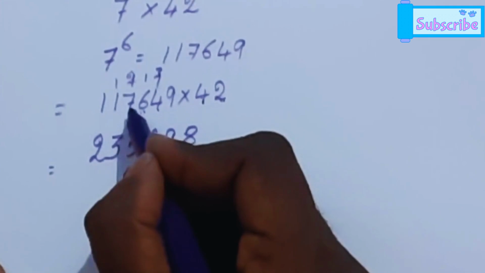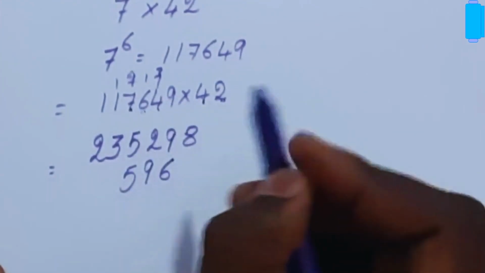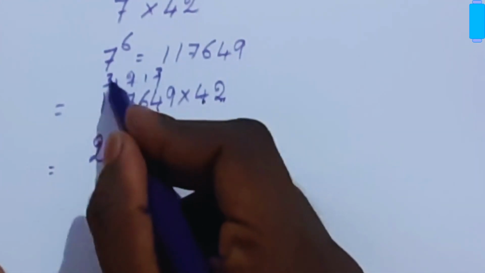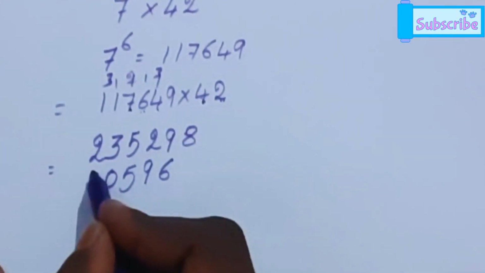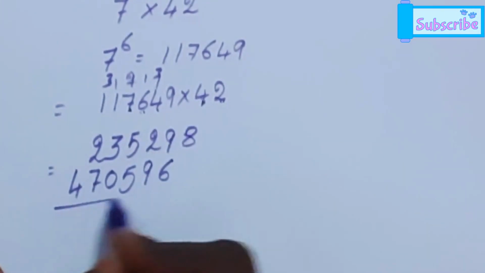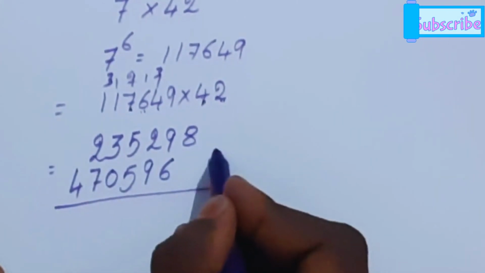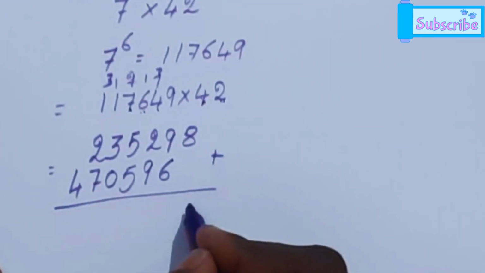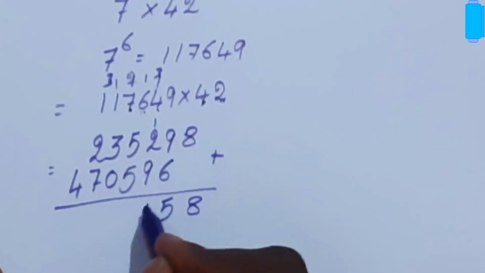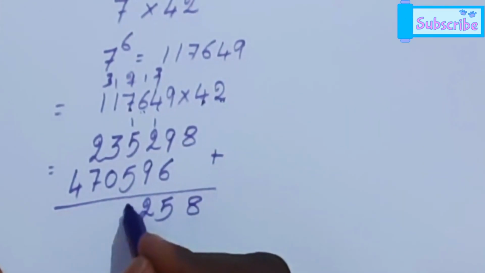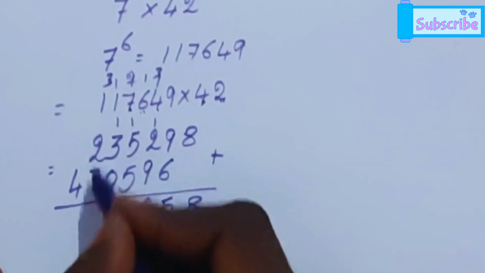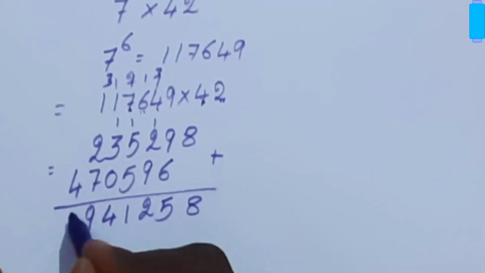Here 28 plus 2 is 0, and it is 3. 4 plus 3 is 7, and 4 times 1 is 4. This we are going to add. Here it is 8, 5, 1 carry, 12, 1 carry, 11, 1 carry, here 4, here it is 9, 4.